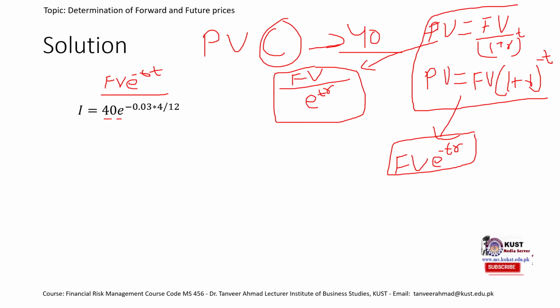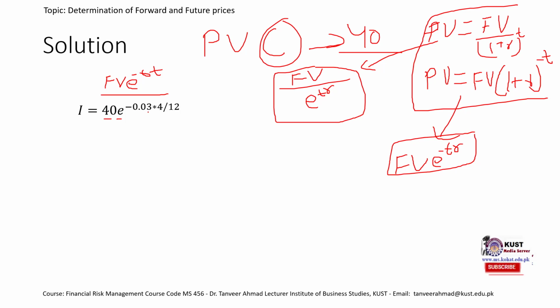So the future value is 40. We are going to receive this 40 interest amount after 4 months. In the previous slide, we had two interest rates. One was 3% and the other was 4%. The 3% was for 4 months, and the 4% was for 9 months. Because this interest is going to be received after 4 months, we are going to use the interest rate of the 4 months, which was 3%.